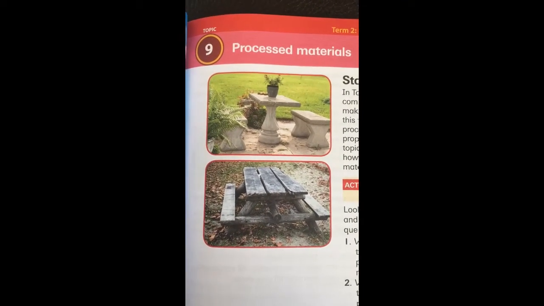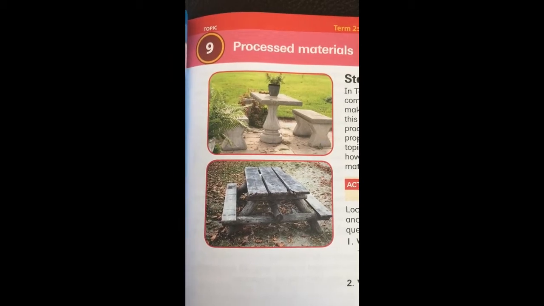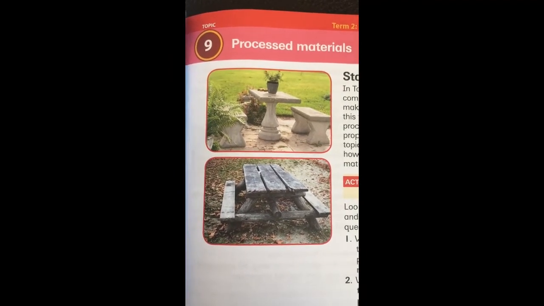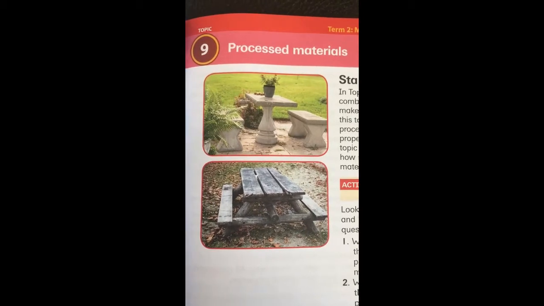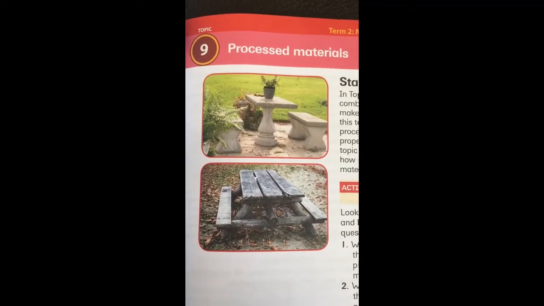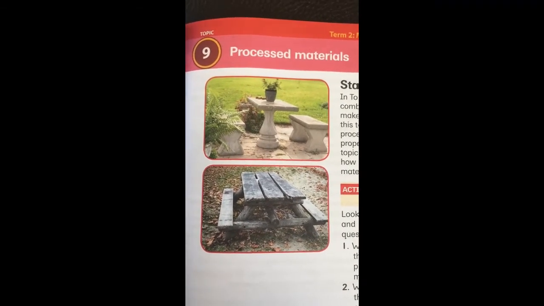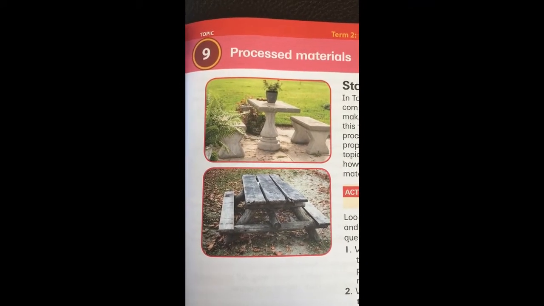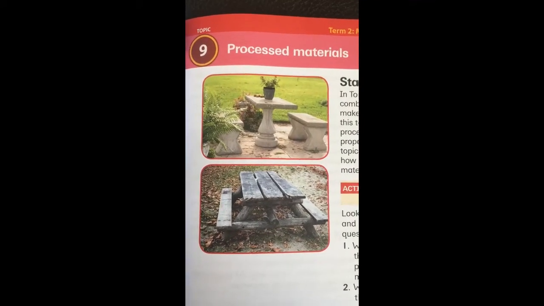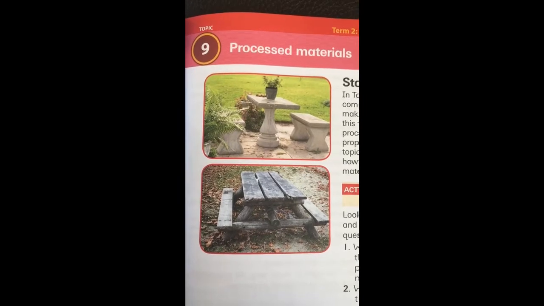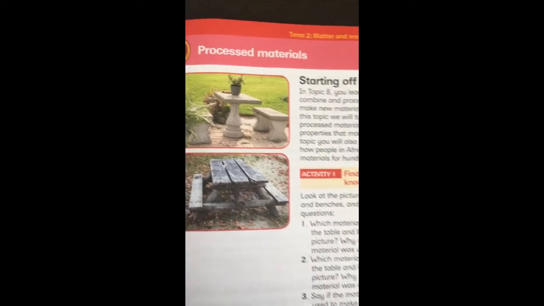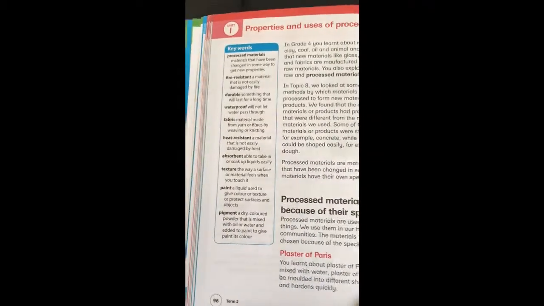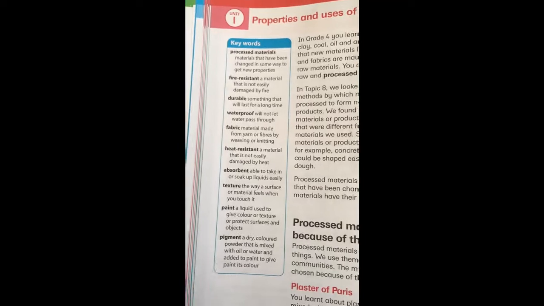If they need something that's not so heavy, not so expensive, and maybe they don't mind if it withers outside, they'll choose the wood. If they need something that's stronger and harder and can withstand the elements of the weather outside, they can choose the concrete, for example.